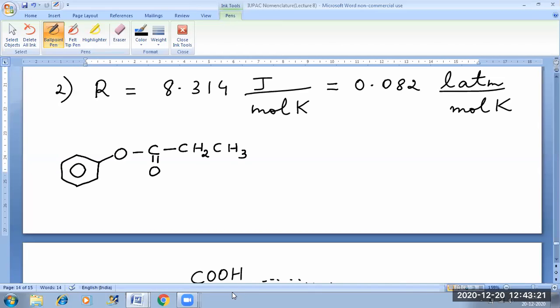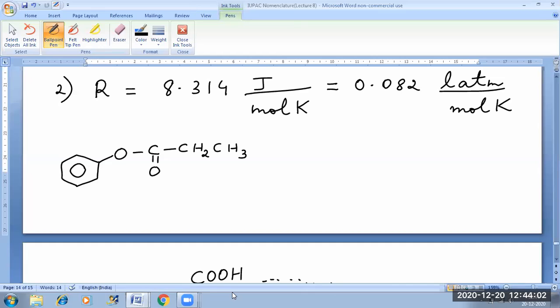What is the IUPAC name of this compound? What is the principal functional group in this compound? Ester. Okay, ester is the principal functional group. That is correct because you see COO. Now, will the benzene be the parent structure or will benzene act as a substituent here?